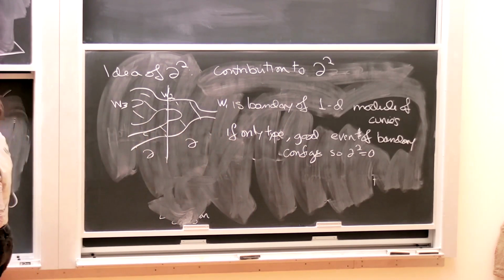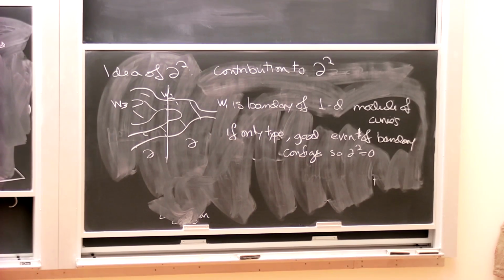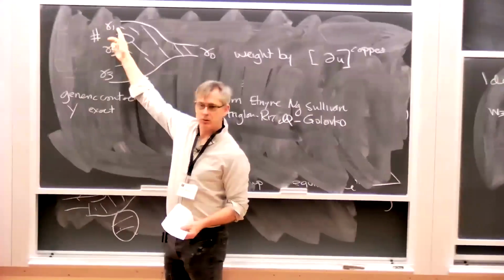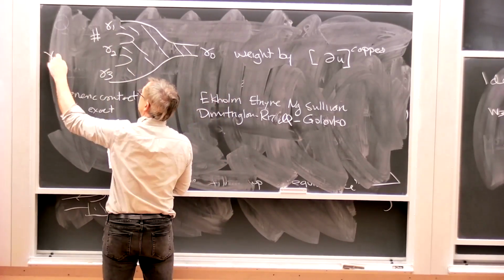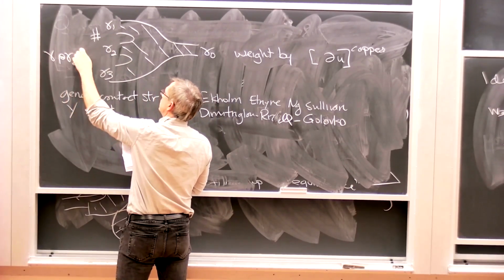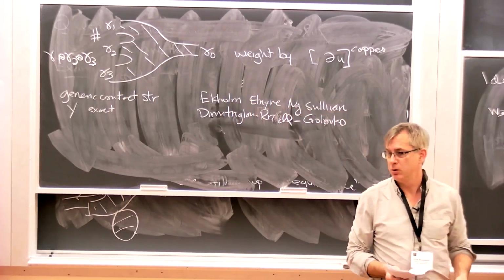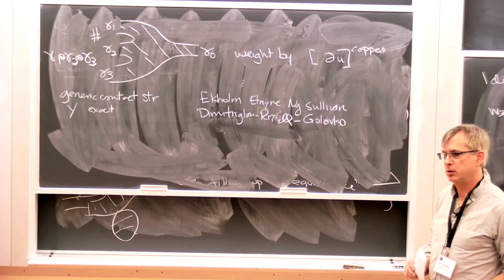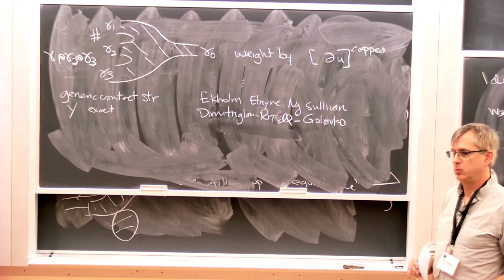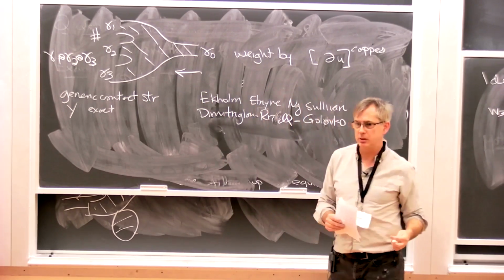Well, this is a Reeb chord, right? But you have words and chords. So the word would be gamma 1, gamma 2. So you actually care about the ordering. Yeah, you care about the ordering. In this picture, there are three inputs or outputs, and the convention is to go this way.